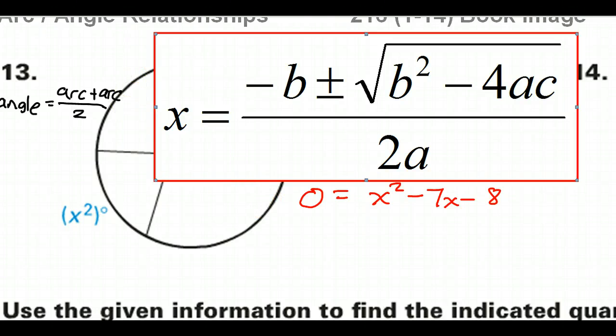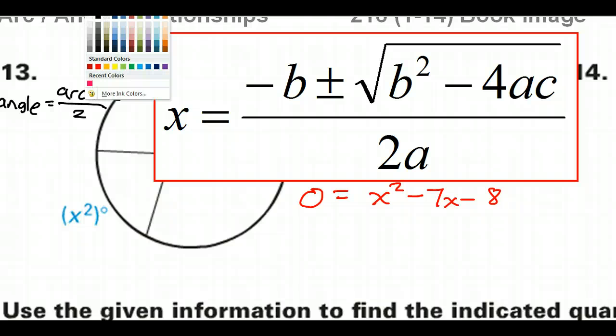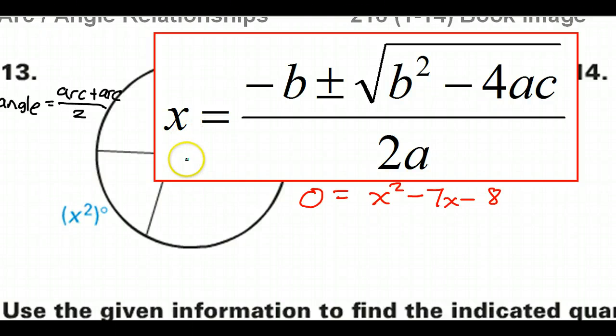Now, this is going to be quite easy if you happen to have a TI-30 XS multi-view. So, let's see. The deal is A, B, and C. A is this number that's right here in front of the x. Let's call that 1. So, you know what I mean? This is A, this is B, and this is C.